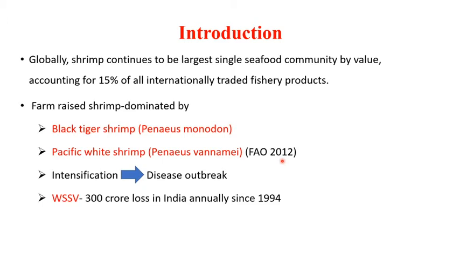However, the increasing intensification and commercialization of the aquaculture industry has resulted in increased disease outbreaks. White spot syndrome virus, WSSV, alone has been causing an annual loss of around 300 crore rupees to the shrimp culture industry since 1994.